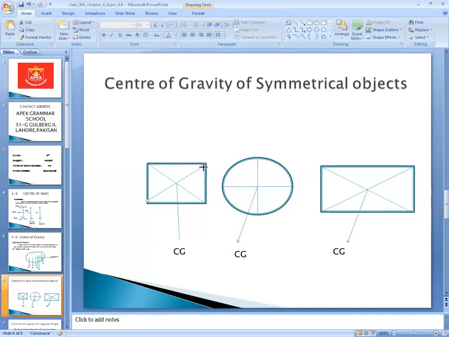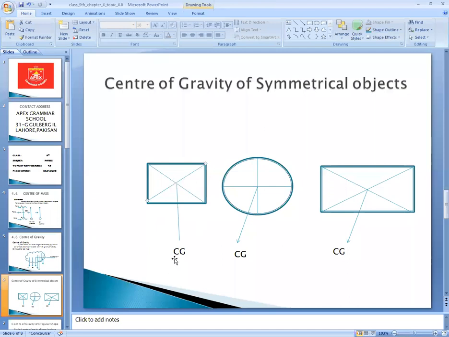if I want to find out the center of gravity of the sphere, what will happen? Center of gravity will lie where the two diagonals cut each other. It means this center will be the center of gravity.